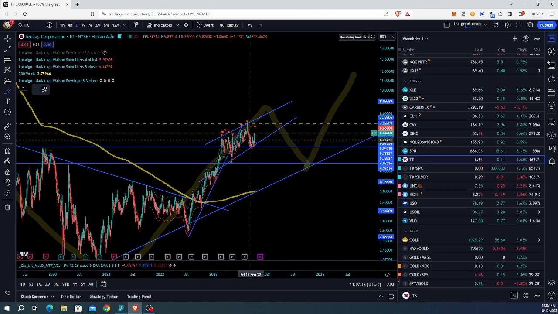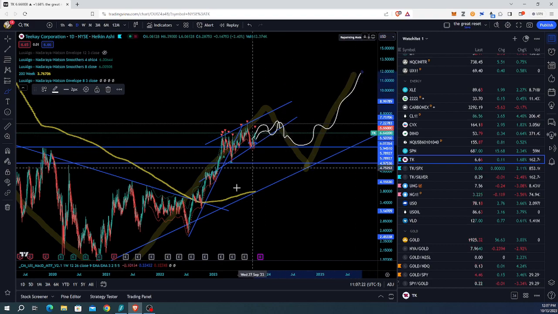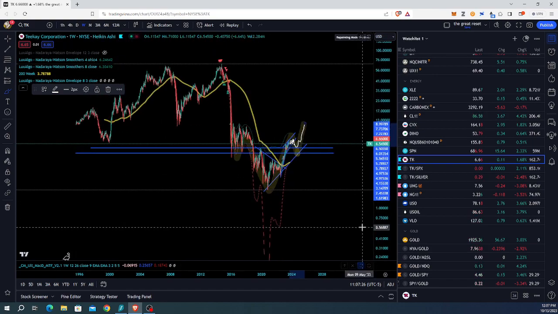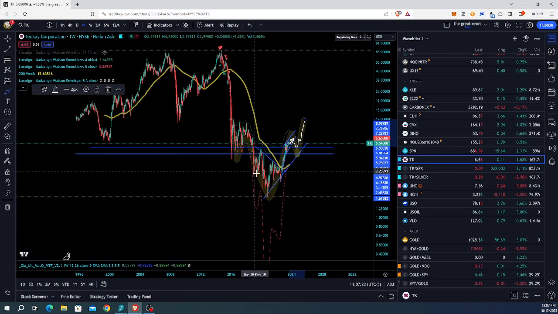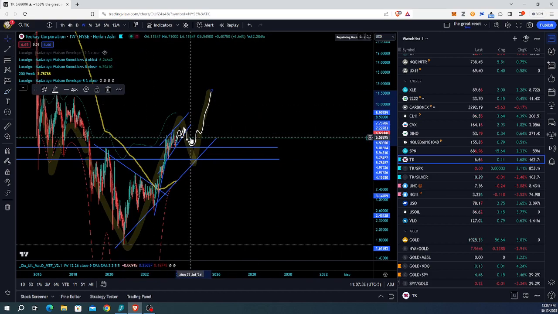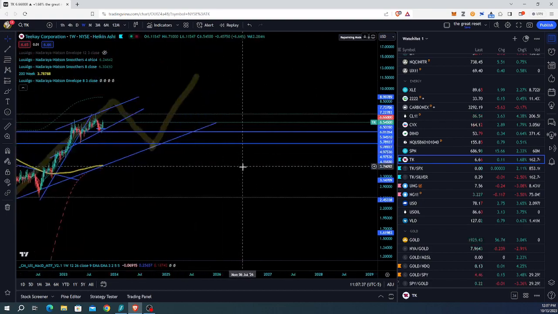What I'm thinking is we consolidate in here, and obviously this really depends on the natural gas price and the oil price. But assuming my thesis is right, we consolidate in here, make another shoulder, and go back up this way. The share price has just been absolutely destroyed multiple times, so I think it's a little bit undervalued compared to its counterparts like Chevron or Shell or really well-known companies.